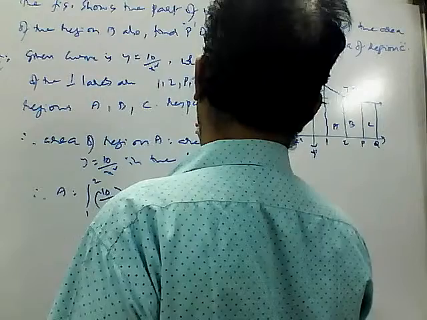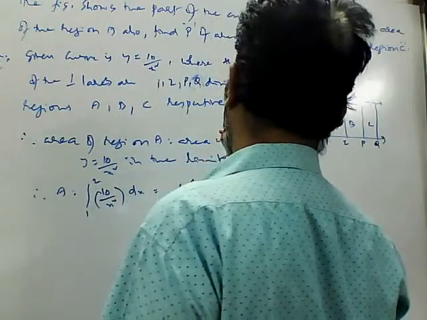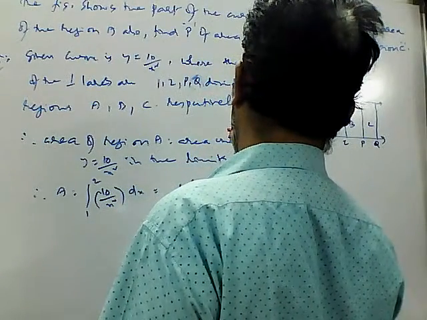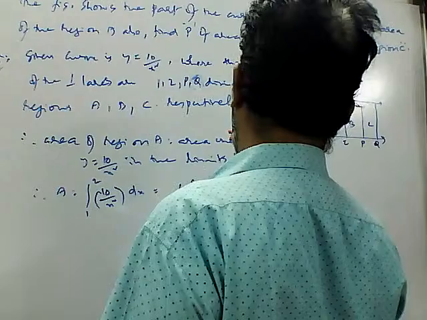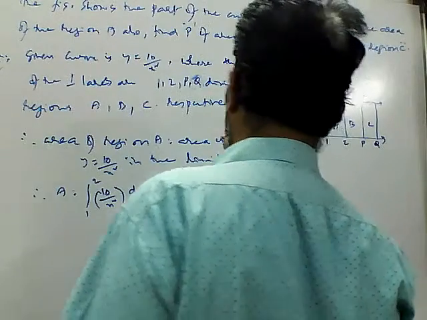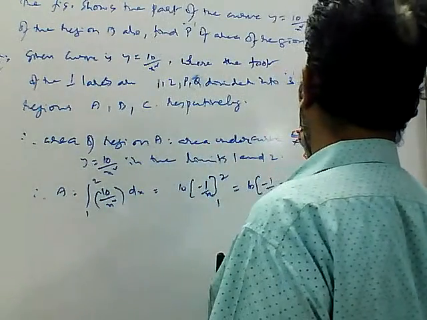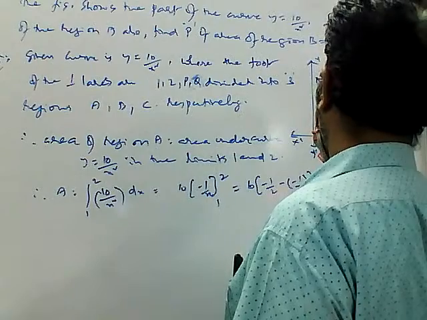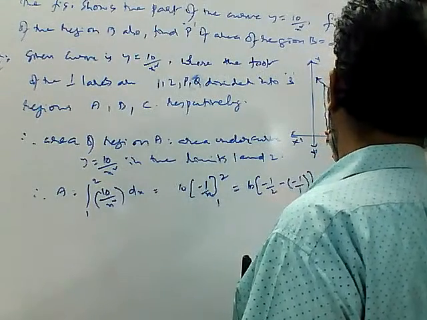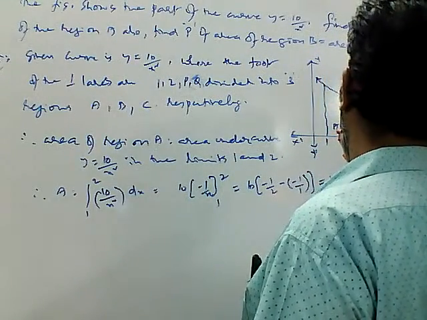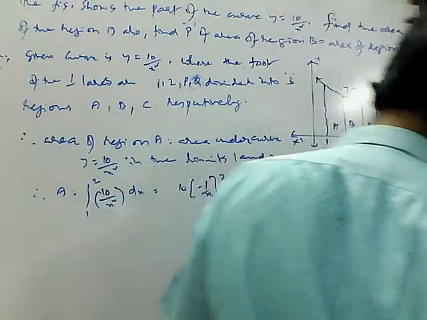That is 10 into minus 1 by 2 minus of minus 1 by 1, which is equal to 10 into minus 1 by 2 plus 1, which is equal to 5 square units. Okay, first is 5 square units.